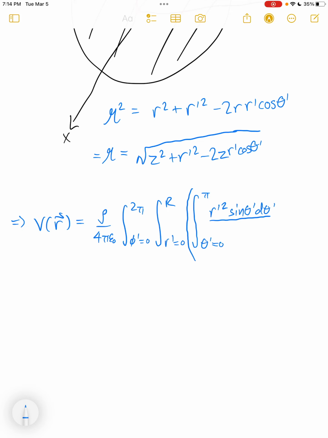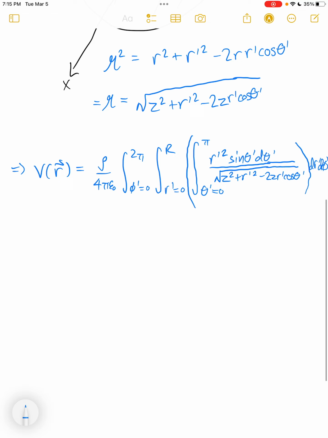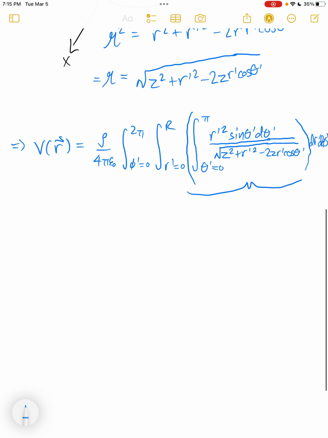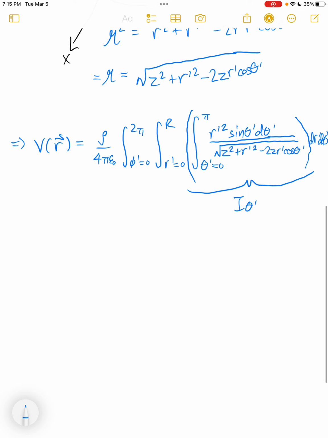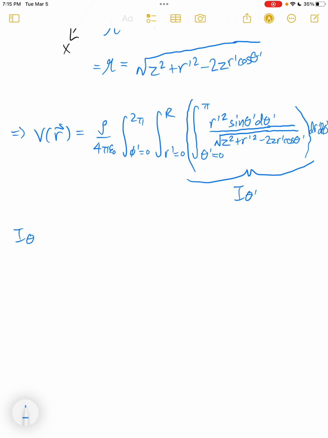I'm going to write it like this because I want to signify that we're taking the integral over theta prime first. Almost done. dr prime, d phi prime. Okay, so this is the integral over theta prime. I'm going to take this integral separately and then substitute it back into the problem because it's just a lot easier to visualize that way.